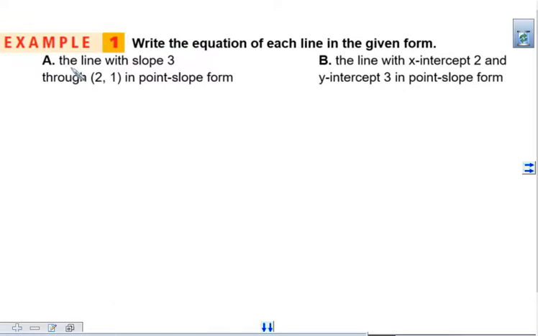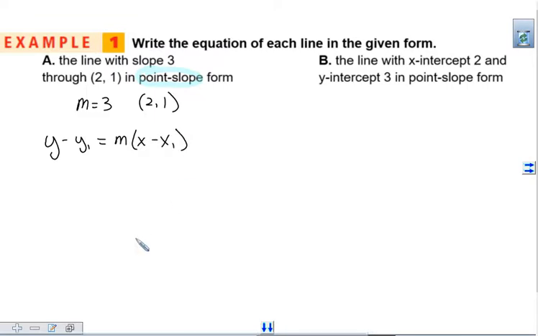Our first one: the line with a slope of 3 through 2, 1 in point-slope form. So we know that we have a slope of 3, and we have a coordinate of 2, 1. Remember that point-slope form is y minus y1 equals m times x minus x1. So we need to plug in our point and our slope.